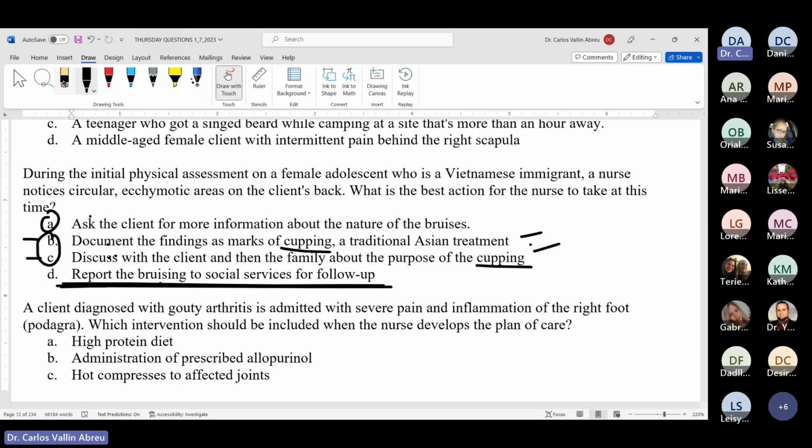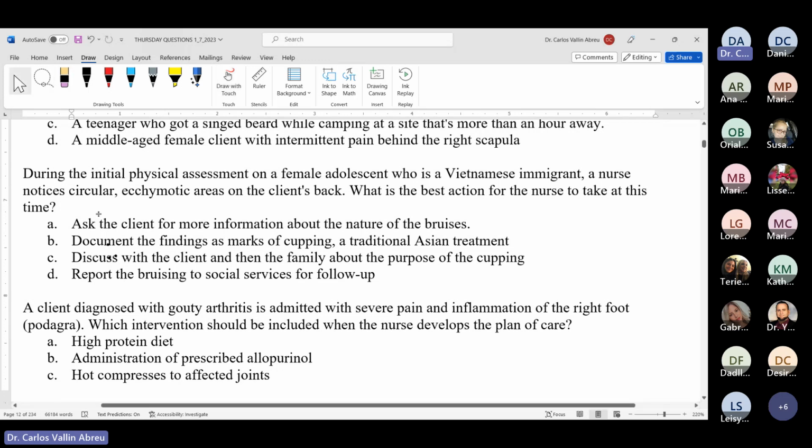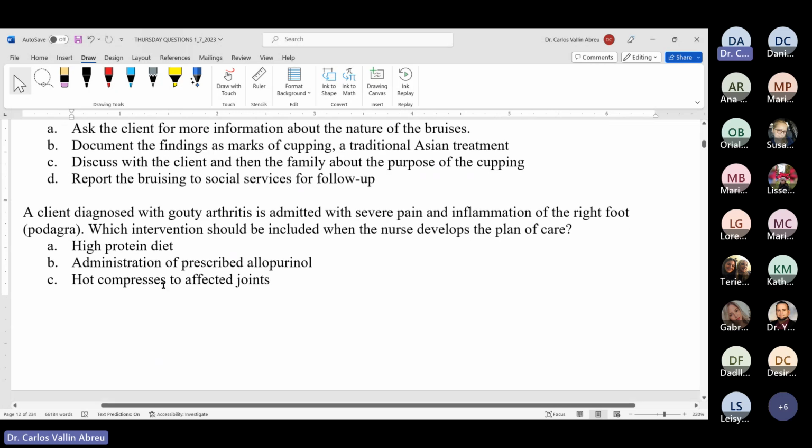I think this question is important to read two or three times, to be sure we learn that in this case assessment trumps the other options, even if we are almost sure it is cupping. Unless we see the cup, remove it, and see a bruise that was not there before the cupping, we cannot assure that those bruises are from cupping. Santo Tomás, ver para creer. We need to be very objective, okay? Very good.